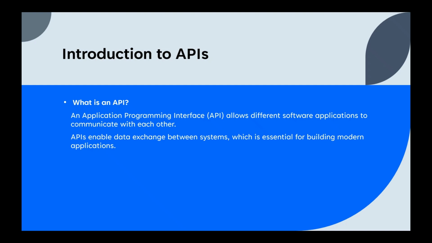In simple terms, an API defines how requests and responses should be structured between a client, which can be a mobile application, and a server, which can be a web application. That is a simple example that I can give you.